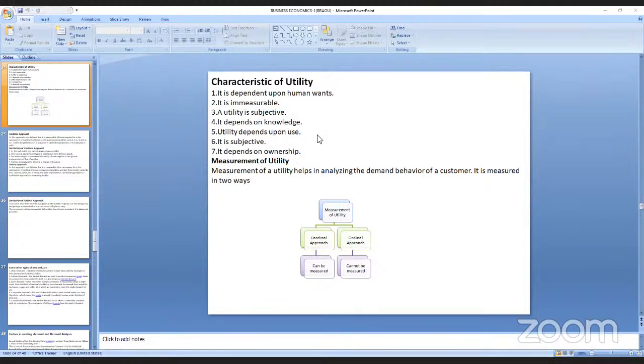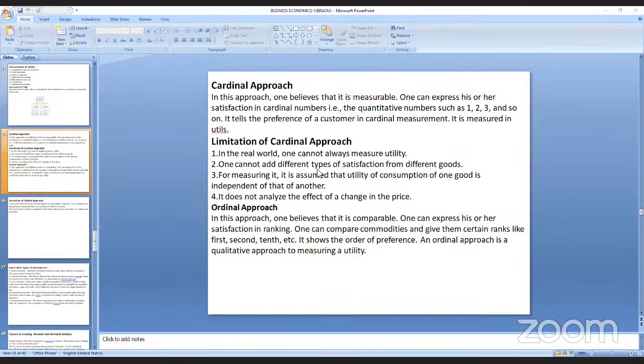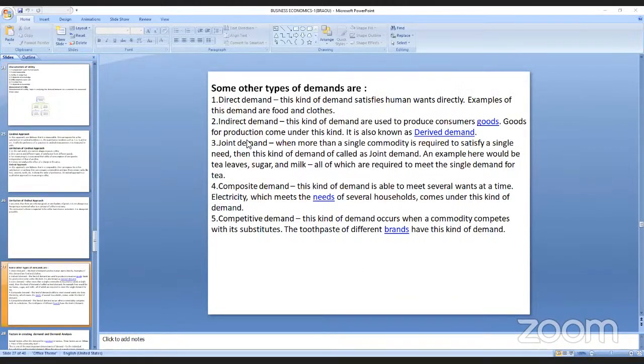So here we have finished the cardinal and the ordinal approach. Now we are seeing some other types of demands. In the some other types of demands, we have direct demand, indirect demand, joint demand, composite demand, and competitive demand.